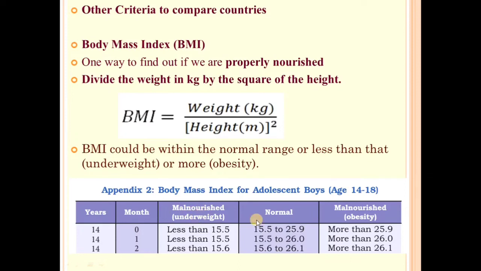And similarly, if it is higher than 25.9, then also it is malnourishment, because a lower metabolism rate will result in obesity, and we know that a large number of fat people is also not desirable for a nation.